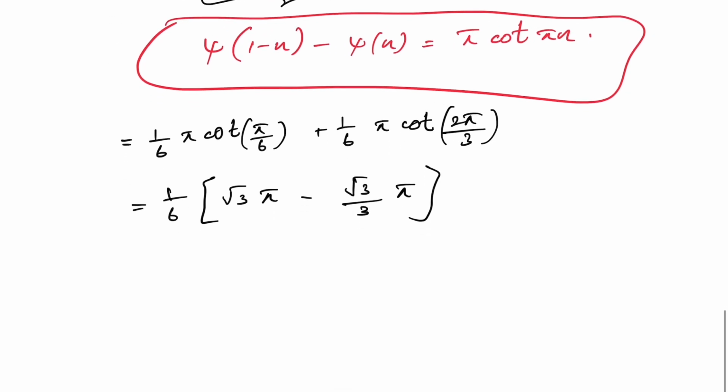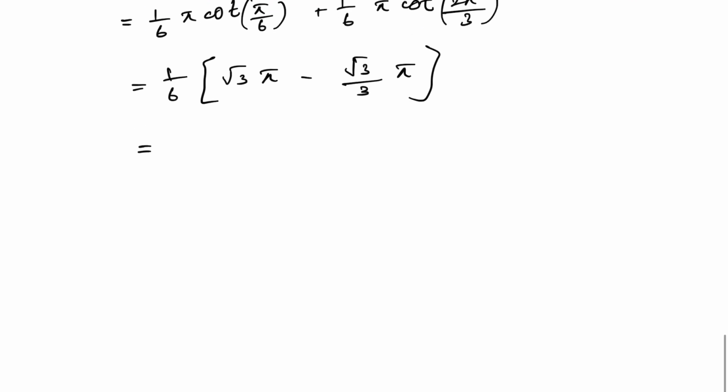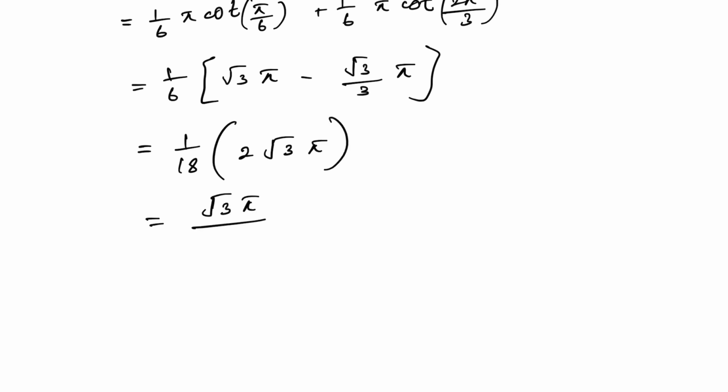So we have now 1 over 18, and here 3 times the square root of 3 minus the square root of 3, so 2 times the square root of 3 times pi. Now we have the square root of 3 times pi over 9. Okay, now we know this is the answer.